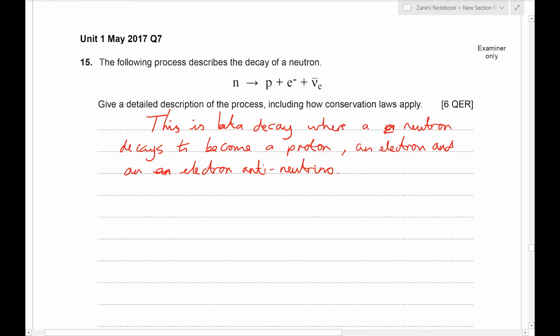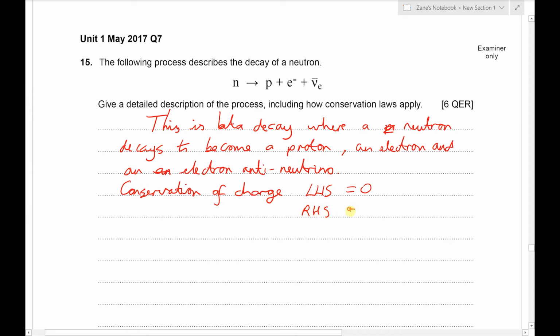Now it mentions that we're going to use conservation laws, and apart from conservation of energy and conservation of momentum, when we apply particle physics, we apply conservation of charge. So let's look at that. On the left hand side of the equation, the total charge is 0 because we just have a neutron.